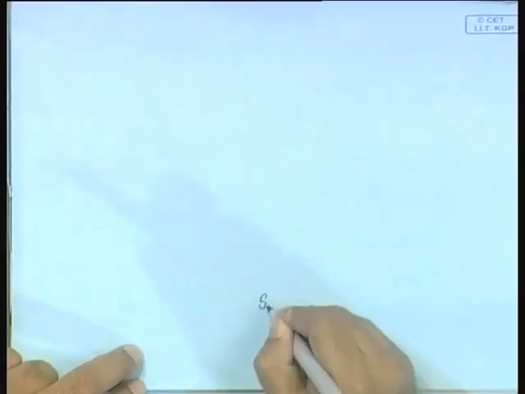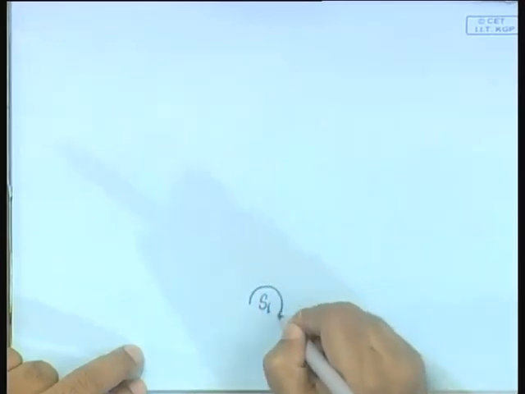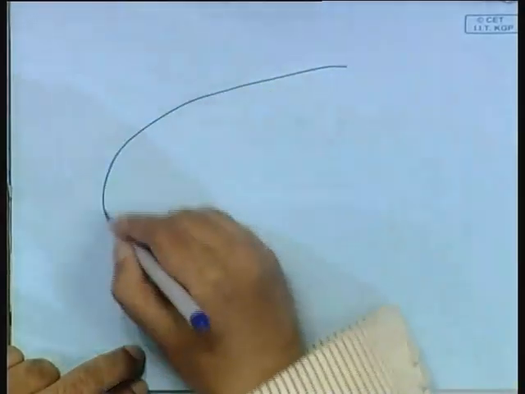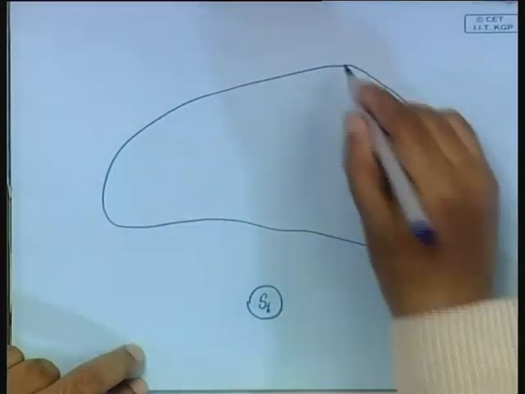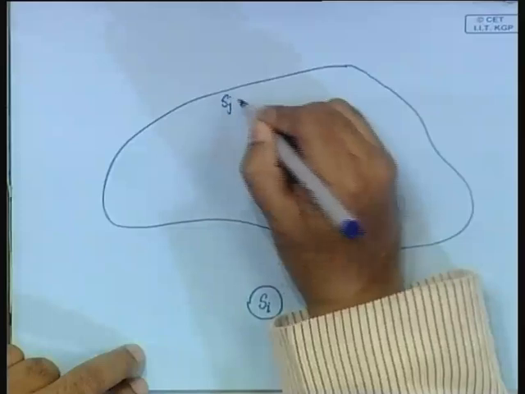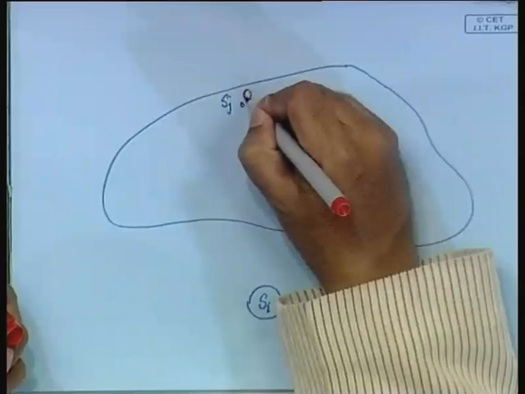Now to see that it does not starve, let us look at the following scenario. Suppose we are talking about Si, the node Si, and we want to show that when it makes a request it will not starve, right. Now this is the rest of the nodes, and somewhere some Sj is holding the token. So currently the token is here.